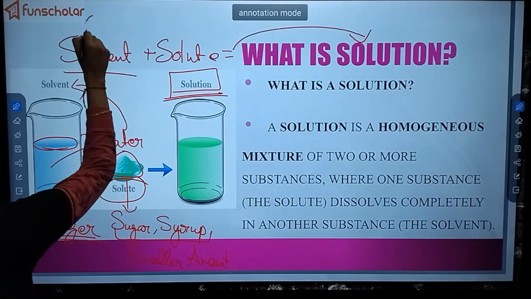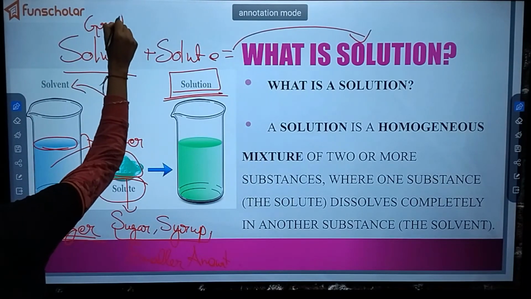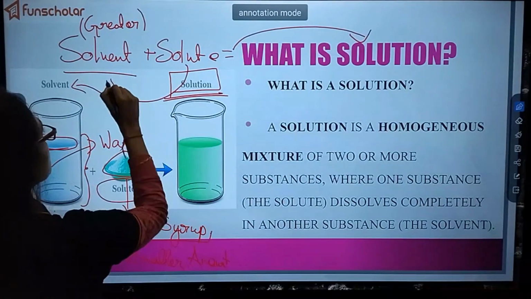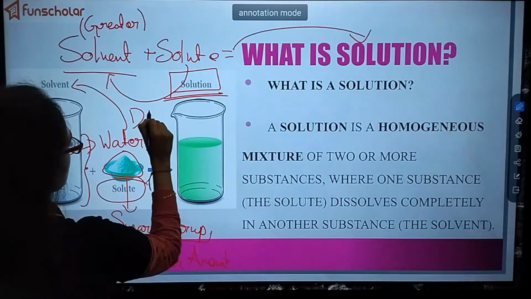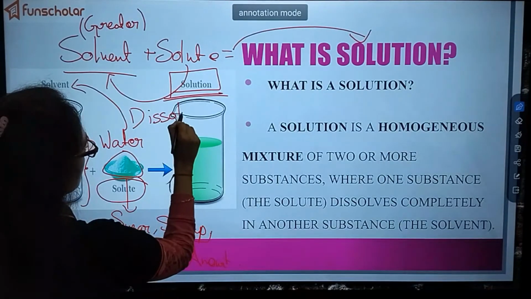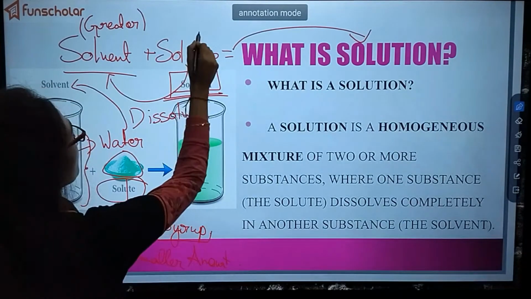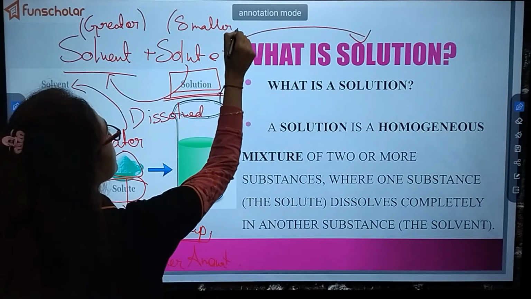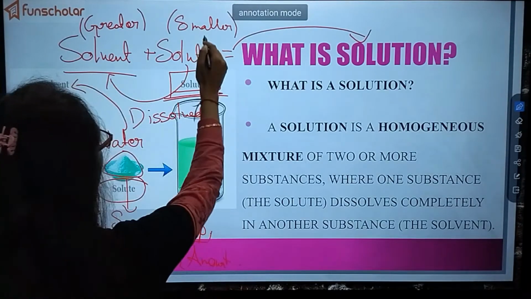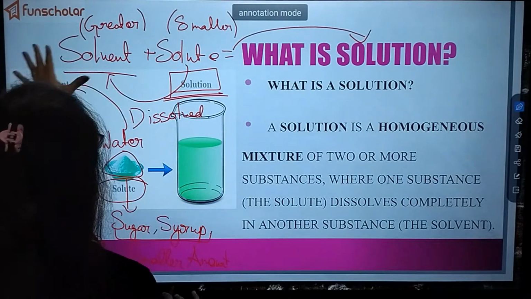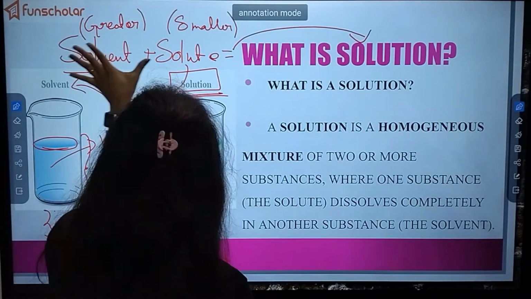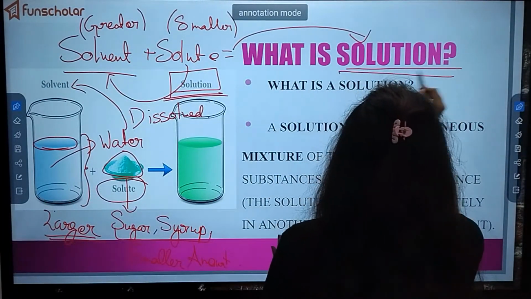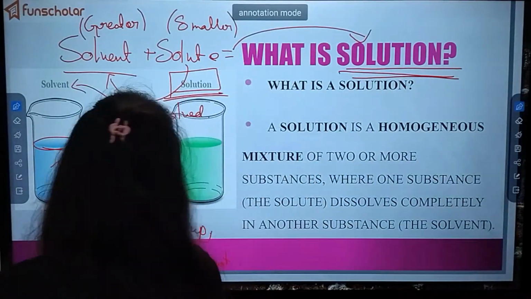Solvent is the greater amount in which solute dissolved, and solute is the smaller quantity of material that got dissolved in the solvent, and they both formed what? They both formed solution. Okay, now let us read.